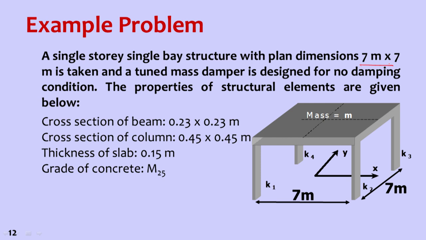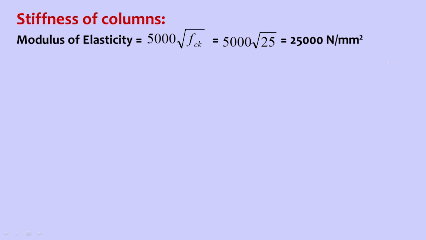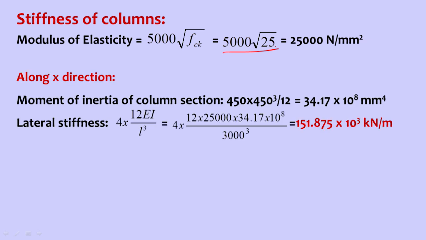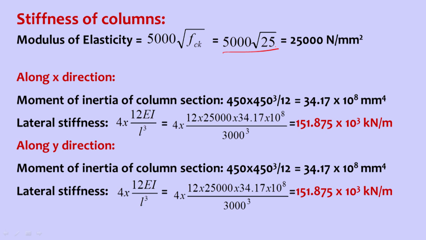This is the figure of the structure, and then let us calculate the modulus of elasticity, which is given in IS 456, that is 5000 under root fck. We know this value, and then the moment of inertia along the x direction and along the y direction.